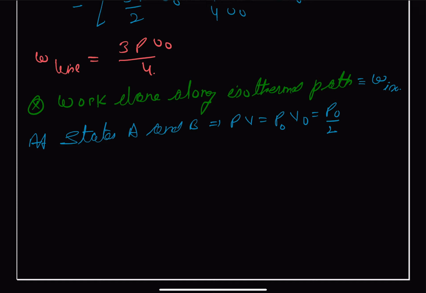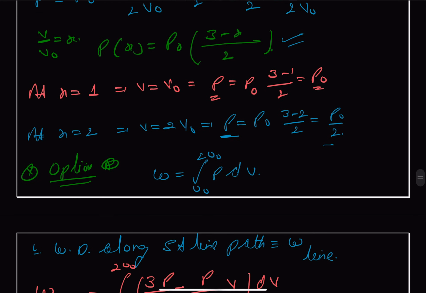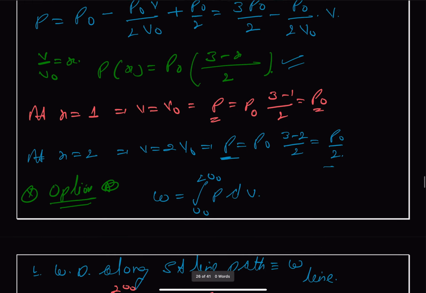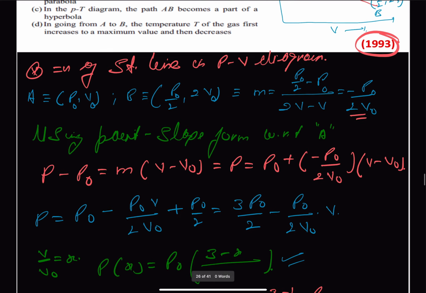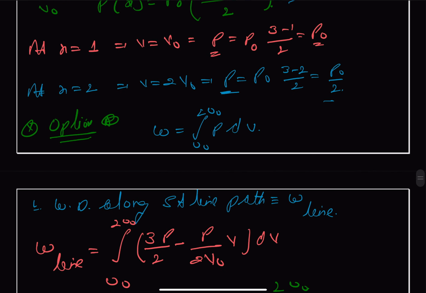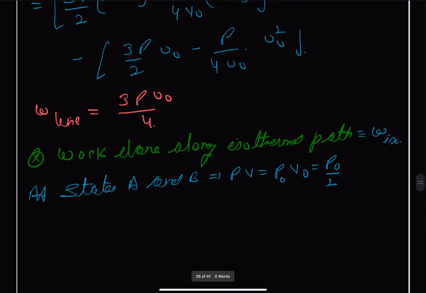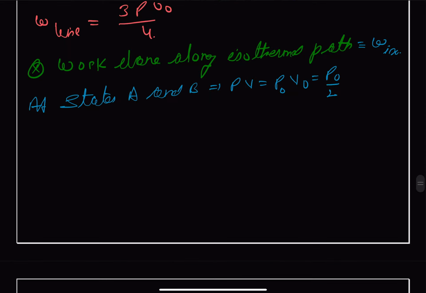One second. Pressure is P naught by 2, yes, so this comes as P naught by 2 and volume becomes twice V naught.